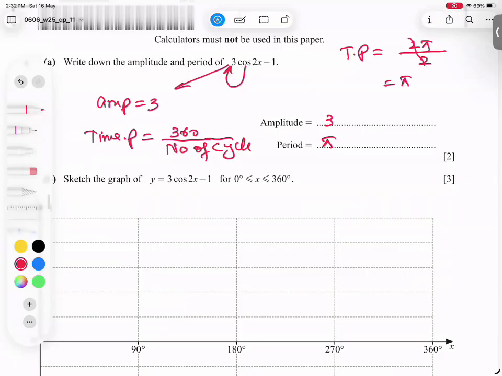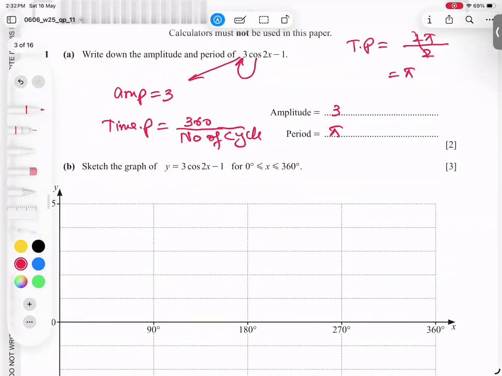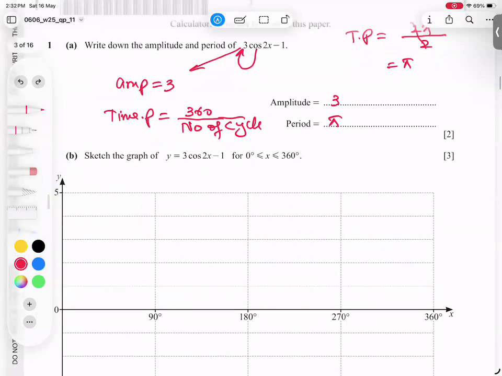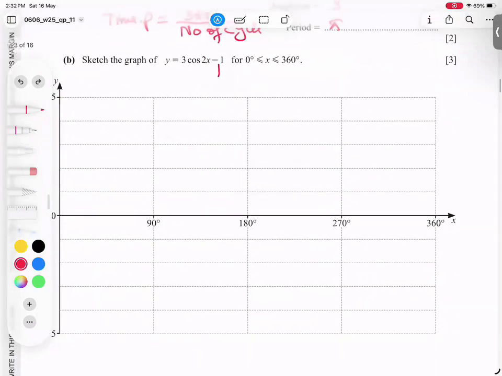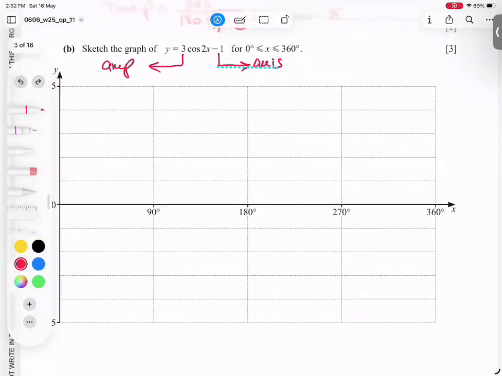Now the next part of the question, sketch. How to sketch, students? Basically, what is the criteria? The -1 behaves like the axis. This 3 is called the amplitude. So axis means -1, so -1 is here. One minute, please. 3, amplitude. So 1, 2, 3. I think 5 is mentioned on the top.